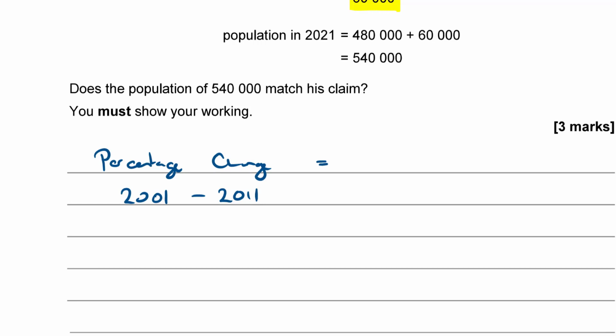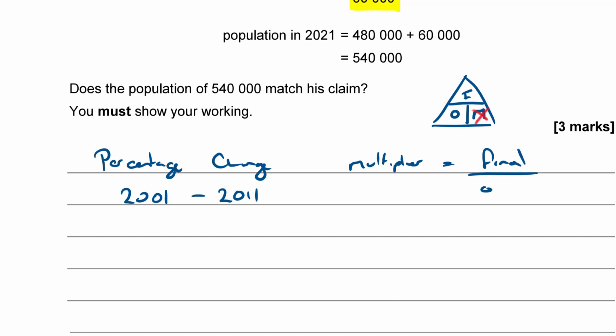Well, if you use the triangle that I often use in these problems, final, original, multiplier, we want the percentage, which is kind of like the multiplier part. So multiplier is equal to final over original. So let's write that down as a formula. Multiplier is equal to final over original.